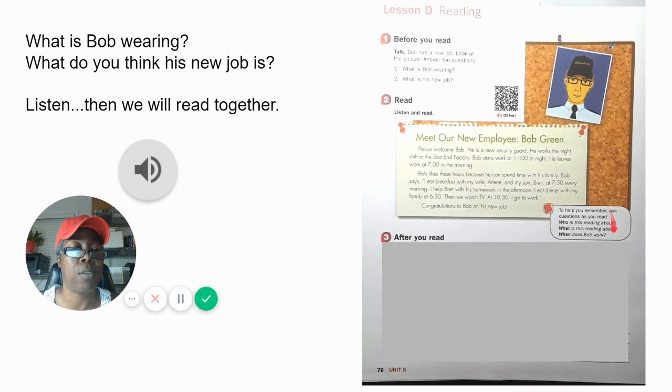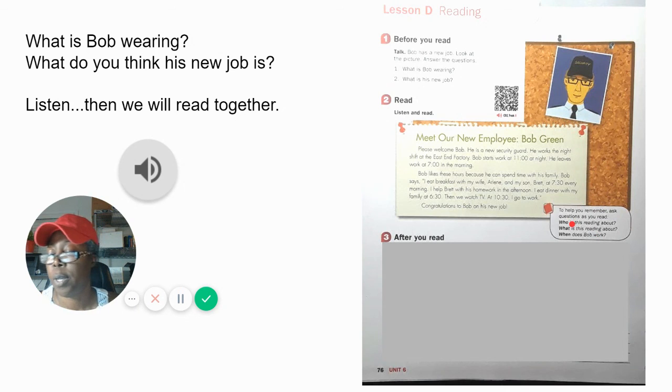Let's look at this tip box right here. And it says, to help you remember, ask questions as you read. Who is this reading about? What is this reading about? And when does Bob work?